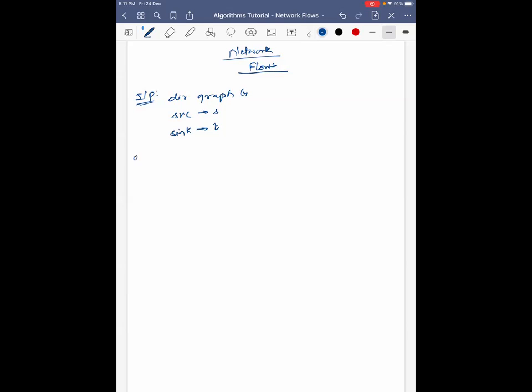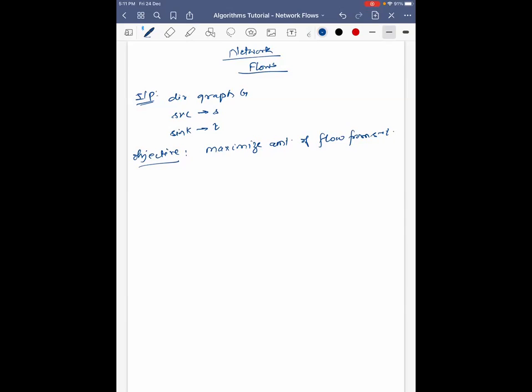So the objective is to maximize the amount of flow from S to T. Sir, are there any edges coming into the source or going out of the sink? No. For the time being, we'll be assuming that no edge is entering into the source and no edge is leaving the sink.